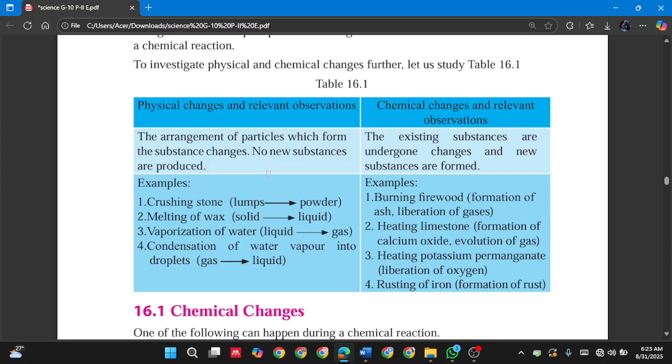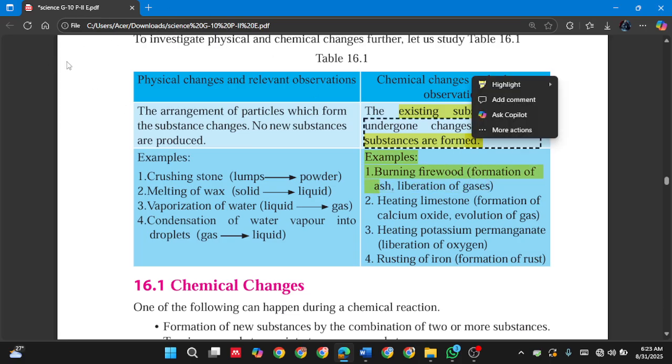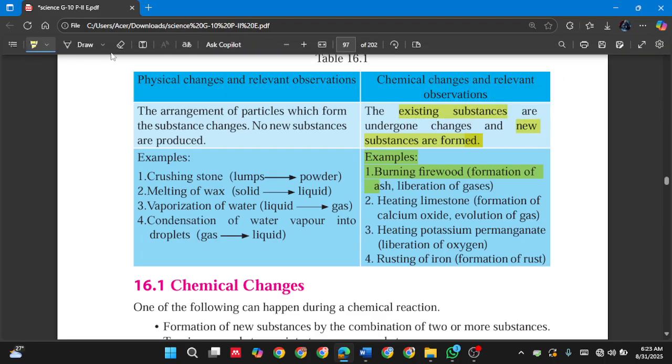But when we come to chemical changes, the existing substances undergo changes and new substances are formed. Examples: burning firewood, formation of ash and liberation of gas, and we cannot obtain the initial firewood after we burn it.